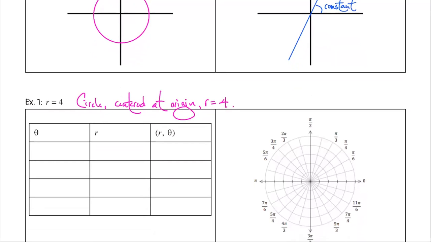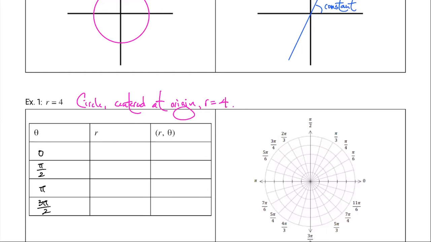So if we were to choose some numbers from the unit circle, maybe we could try 0 as an angle. How about the quadrantal angles, like pi over 2, pi, and 3 pi over 2? I'm just going to pick some quote unquote nice angles.